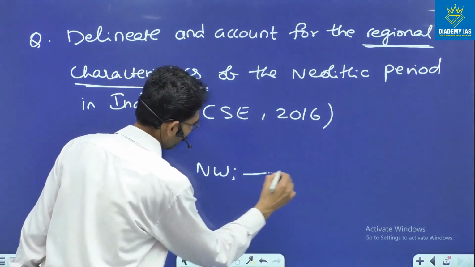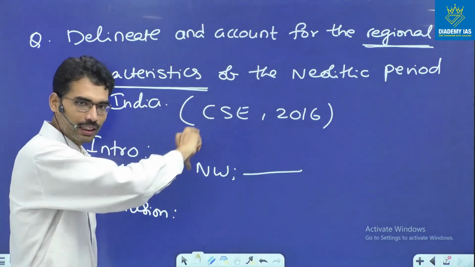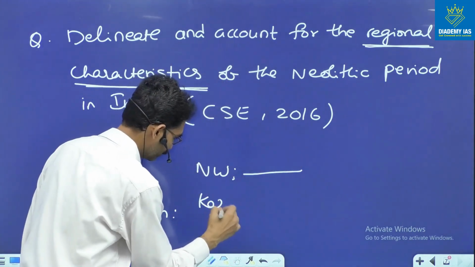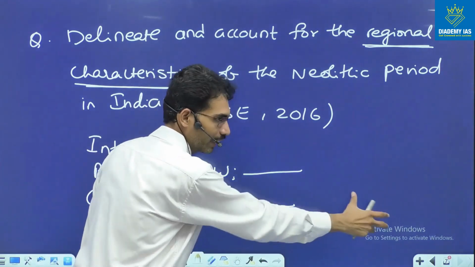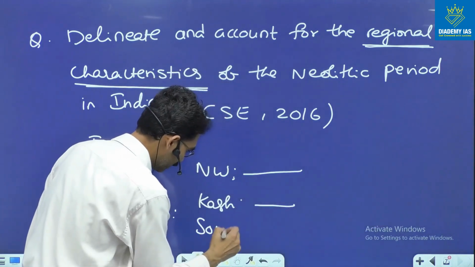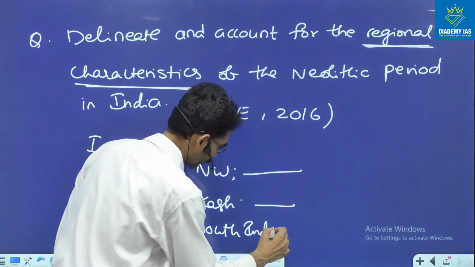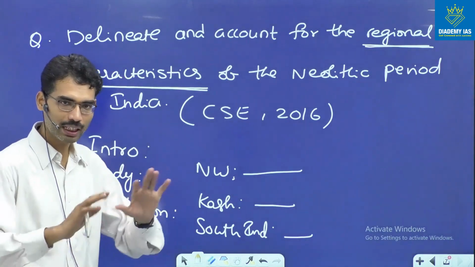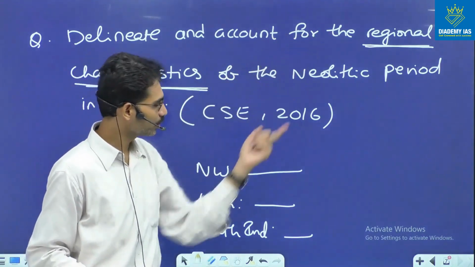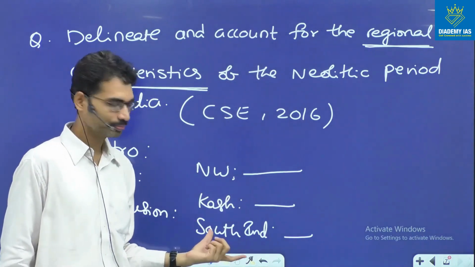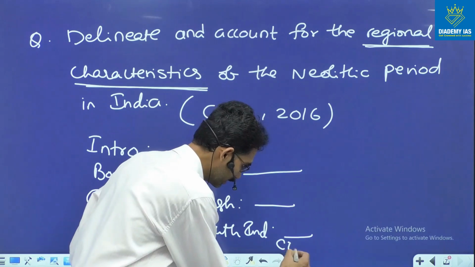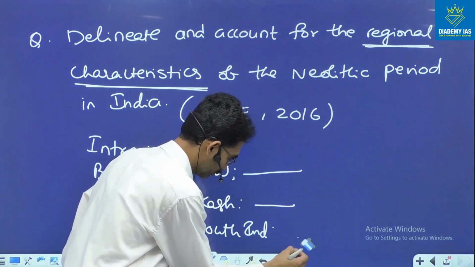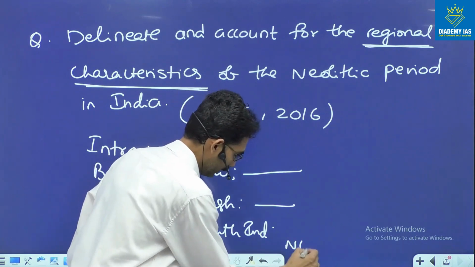Northwest. Then you will get some points. Same, some settlements and some characteristics. Kashmir. Settlements and characteristics. South India. Now you see, same content, same points, same places, but depending on the question, you have to organize your structure. Then Eastern India, Central Eastern India, Northeast India.